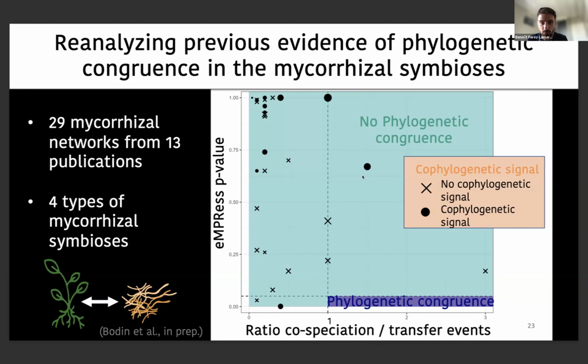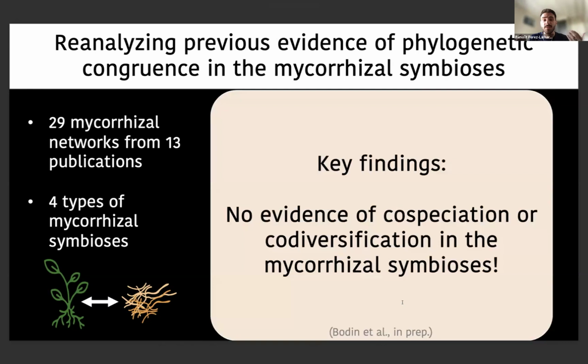By looking at the results, you can see that there is some evidence of co-phylogenetic signal in the mycorrhizal networks, but absolutely no evidence of phylogenetic congruence. Closely related fungi tend to interact with closely related plants, but there is no evidence that the phylogenetic trees of the fungi and the plants mirror each other. So there is no evidence in the mycorrhizal symbiosis of co-speciation or co-diversification happening in these systems.